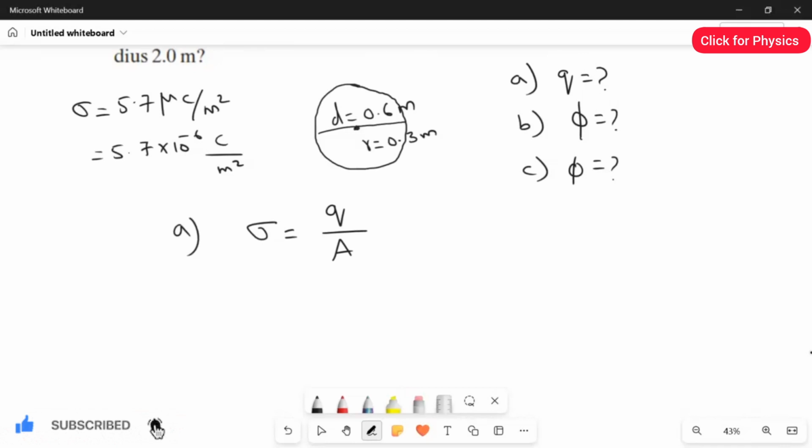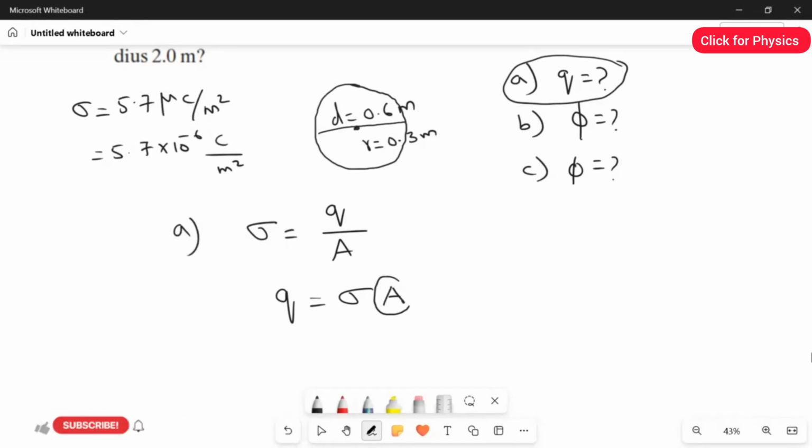What area? This is the surface area of the sphere. If you rearrange this equation in terms of charge, because we have to find the charge first, we get Q equal to sigma multiplied by area.